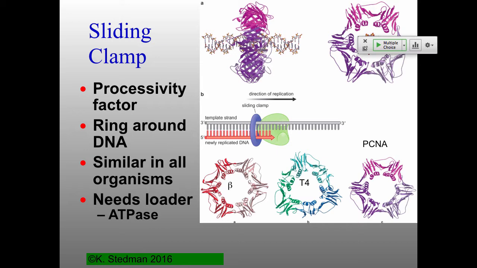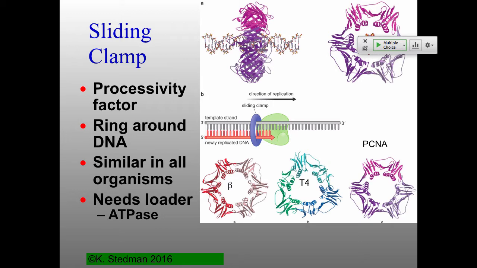So sliding clamps. These are what the polymerase needs to make sure that it stays on the DNA. And as it turns out, these sliding clamps are also really good at bringing other proteins and other protein complexes to the replication fork where they're needed. So it's not just a process that is interacting with the DNA polymerase.